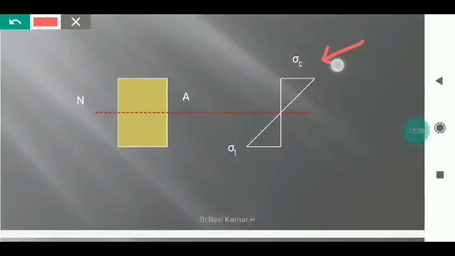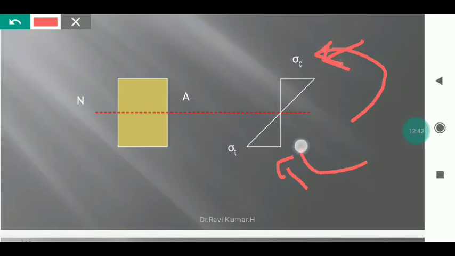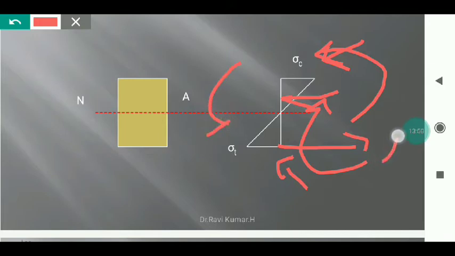So this is a compressive stress and this is a tensile stress, and these stresses form a couple. That means the force acts here, and in the same way a force moment acts. So hence a couple moment is acting here. It means to say a compression force and a tensile force form a couple, and this force and distance also form a couple.